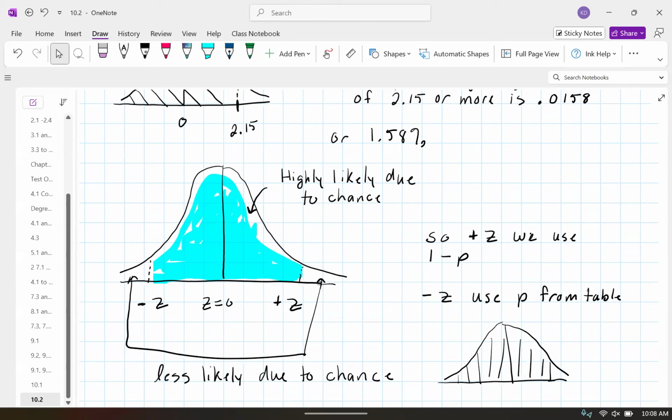It's possibly not, but the likelihood isn't high enough. If we're in the little white zones to the side, the uncolored parts, those are less likely due to chance because the likelihood of being in the tail is low. So our table always gives us the area from the z-score we looked up to the left.